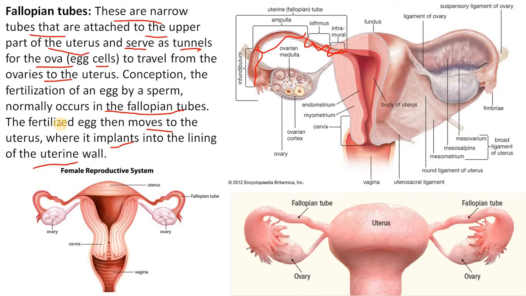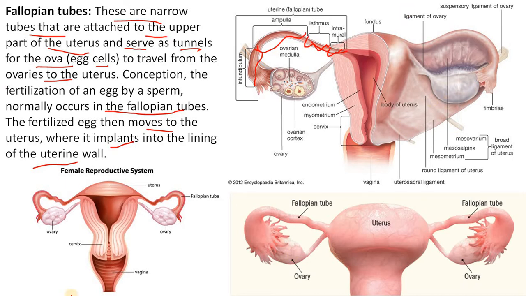The part closer to the ovary is funnel shaped, and fimbriae are the finger-like projections located on the edges of the infundibulum. So fimbriae help in collection of the ovum after ovulation, and the infundibulum leads to the ampulla, which is the wider part of the oviduct, and the last part of the oviduct is called the isthmus.